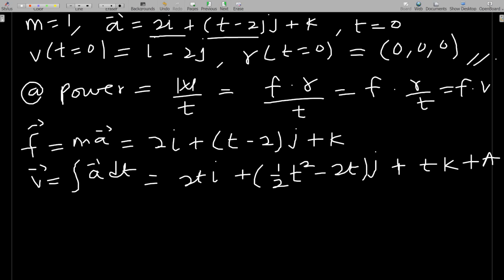But from the question, we said the velocity at time t equals 0 is equal to i minus 2j. So in order to find our constant A, we should use this condition.